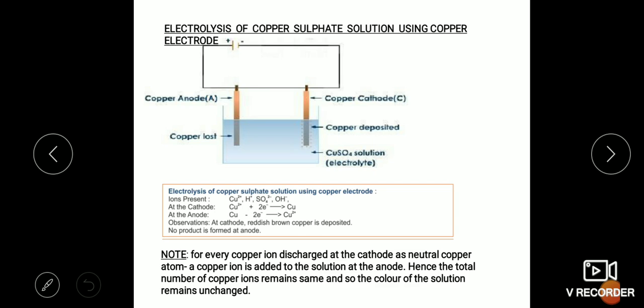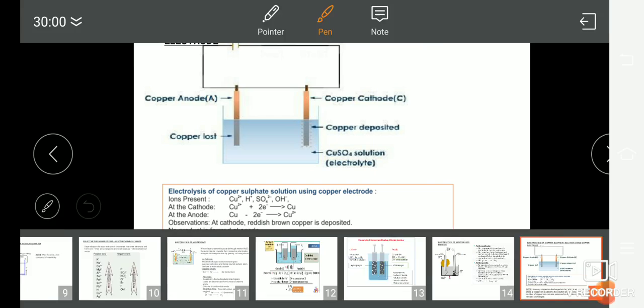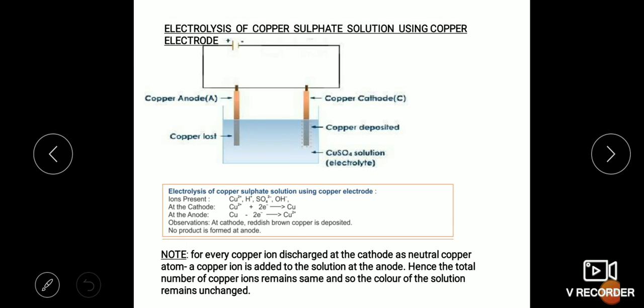Now here you can see we are doing electrolysis of copper sulfate solution using copper electrodes. Here the electrolyte used is aqueous solution of copper sulfate acidified with a small quantity of sulfuric acid. Why am I using acidified copper sulfate solution? Because acid increases the ionization power of copper sulfate solution.